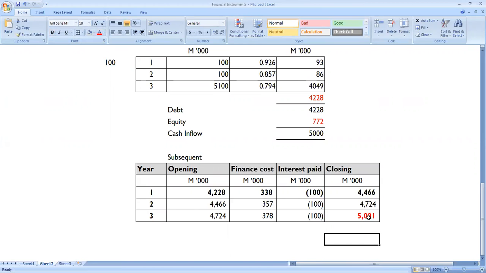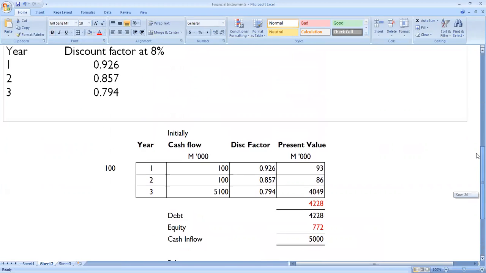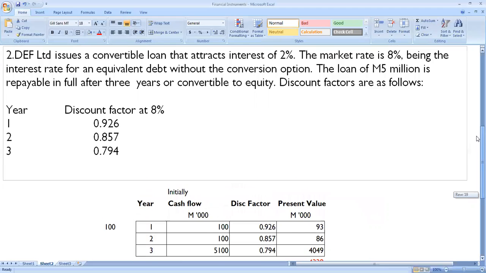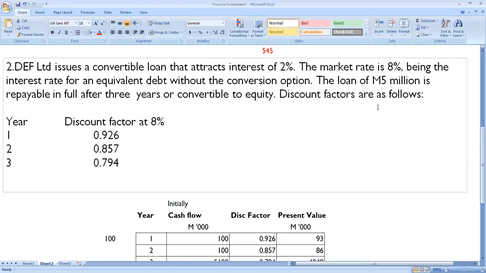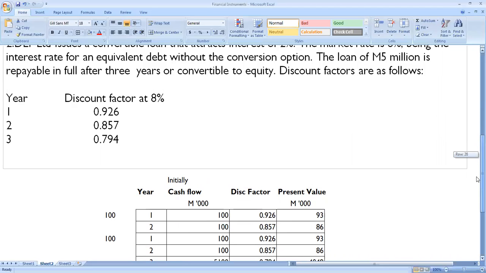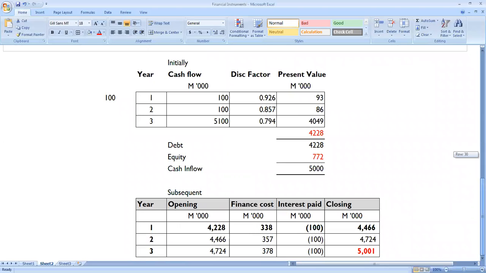It should be our 5 million, as we saw here: the loan of 5 million is repayable in full after 3 years or convertible into equity. So at the end of your 3 years, you will make a decision.